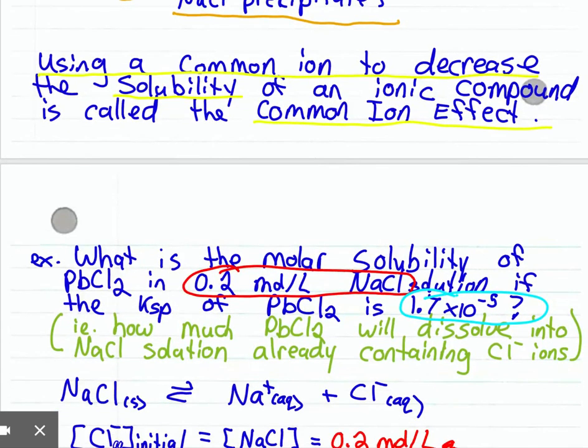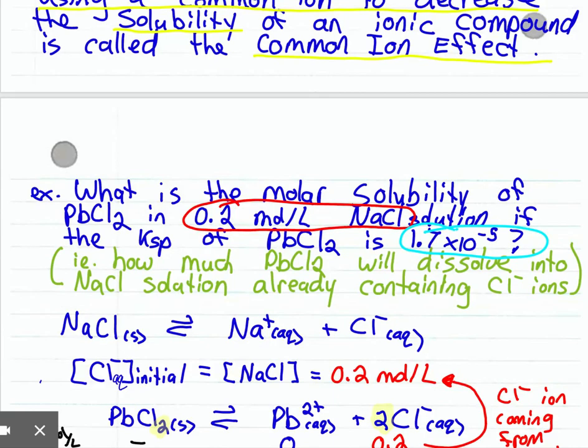We want to know what is the molar solubility of PbCl2, so lead(II) chloride, in 0.2 mole per liter sodium chloride solution if the Ksp of the lead(II) chloride is 1.7 times 10 to the negative 5. So what that's really asking is how much PbCl2 will dissolve into a sodium chloride solution already containing chloride ions.